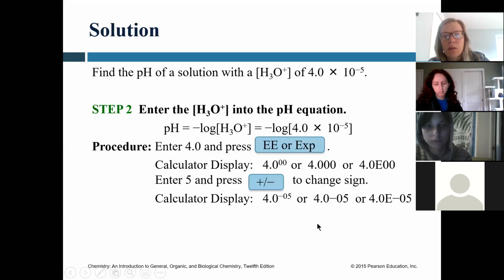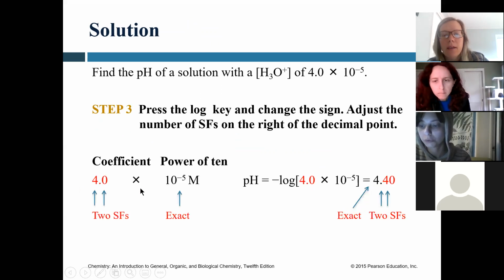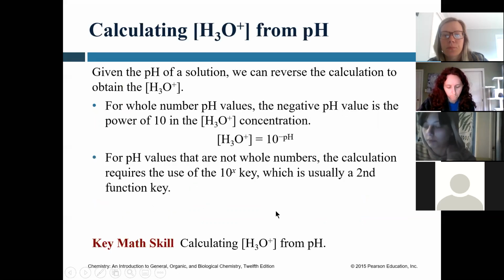All right, so we're just going to literally plug that value into the same equation, negative log. This time we'll have 4.0 times 10 to the negative 5. Your calculator should have put out 4.39794. Again, the exact value, the 5, corresponds to that 4 value, and then we get 2 sig figs. So 4.40 would be our answer. It's acidic.